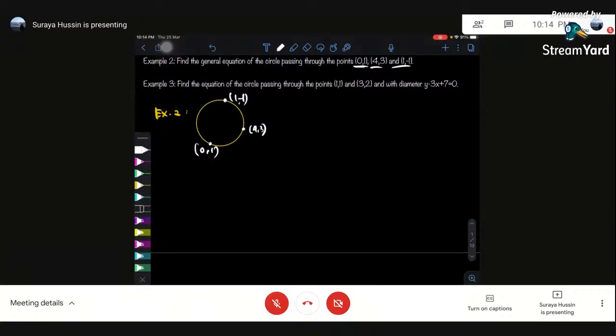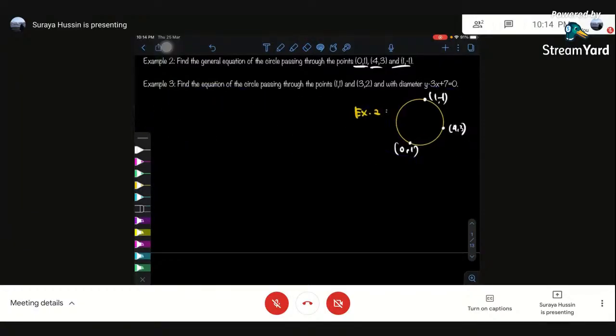And the way you do untuk kes kedua ni adalah at 0, 1. I need to bring this there so that I can write down at 0, 1. At 0, 1, what you have to do is you kena keluarkan GE dulu. GE adalah x squared plus y squared plus 2gx plus 2fy plus c is equals to 0.